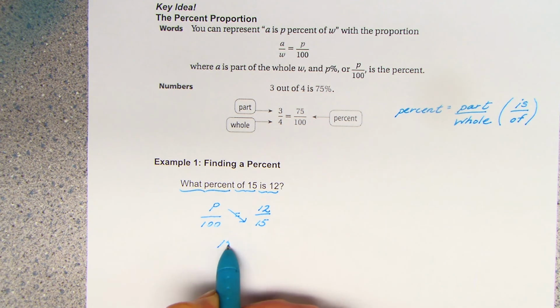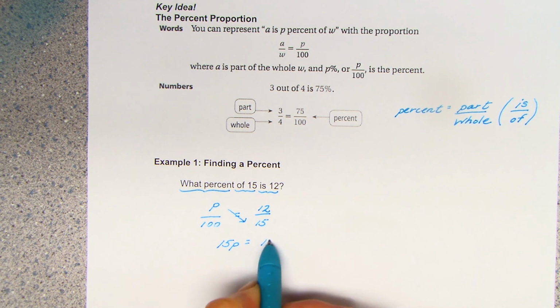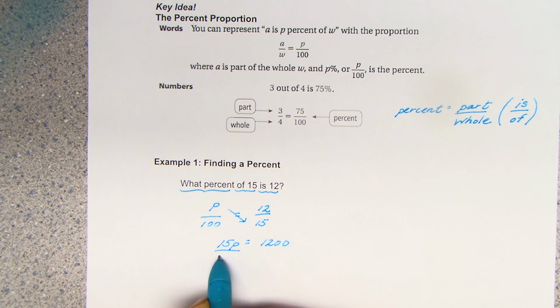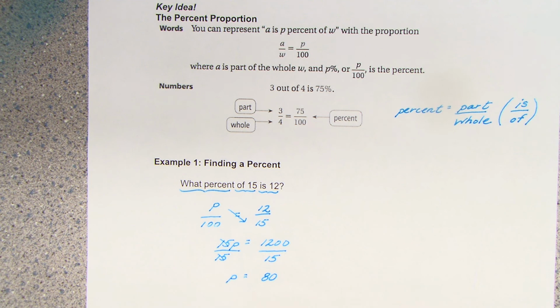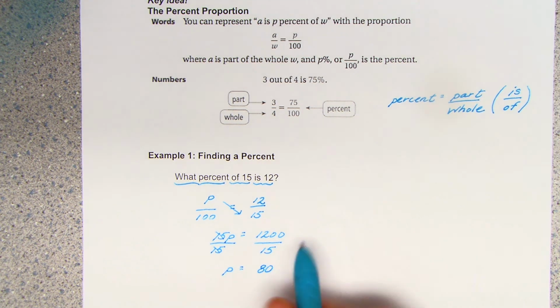P times 15 is 15P, and 12 times 100 is 1200. And we divide by 15. P equals 80. And then looking back at the problem, I see that what I was solving for was a percent.